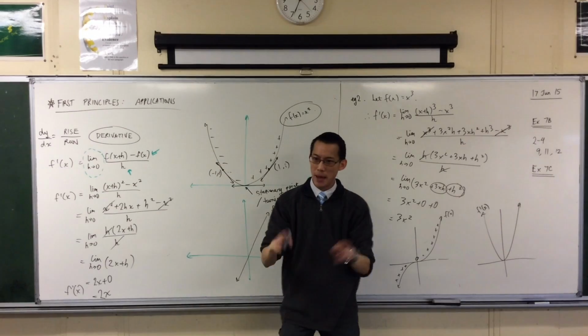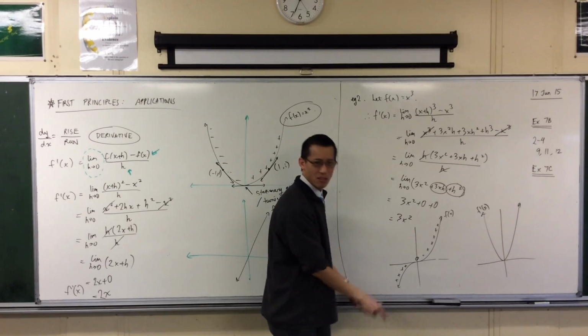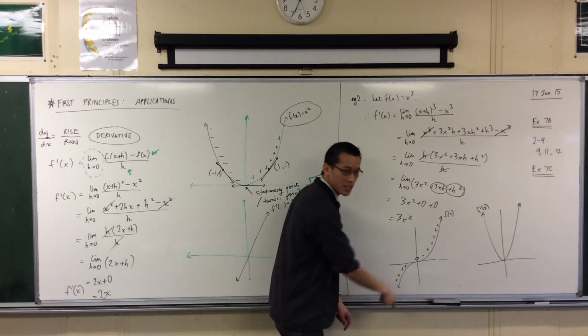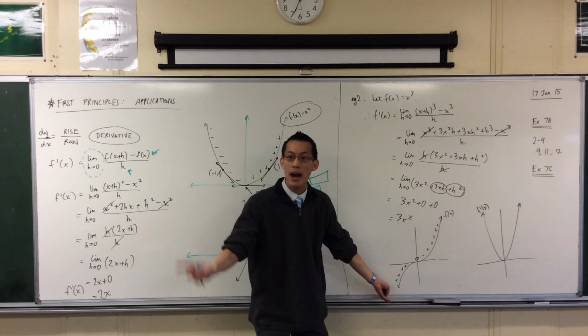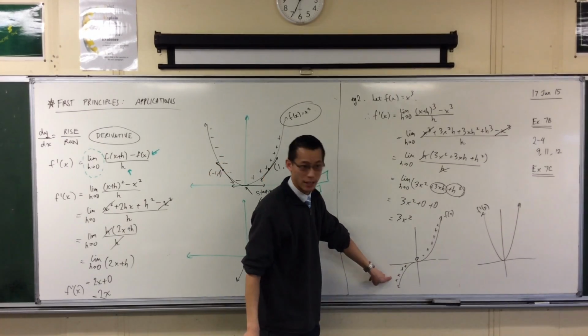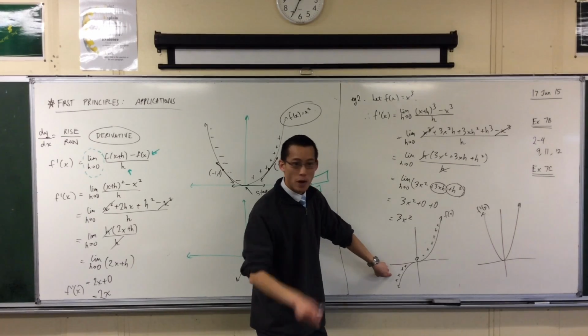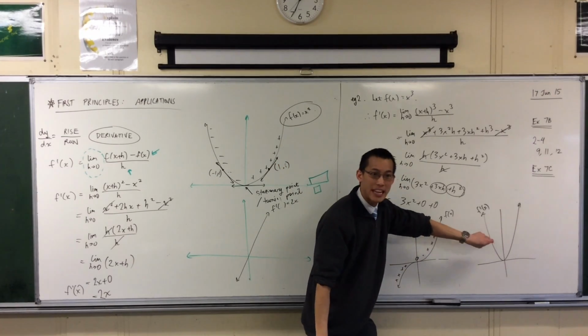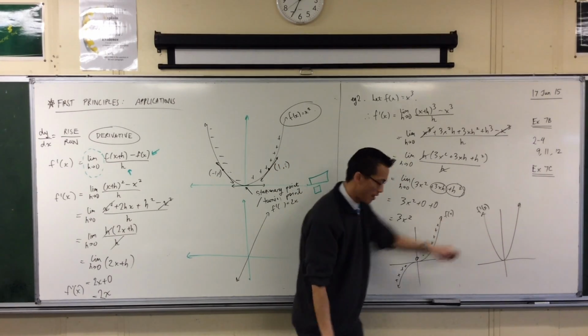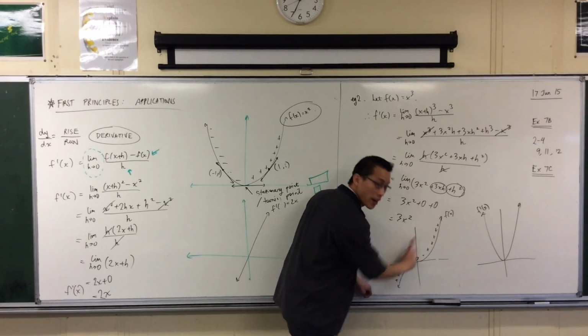People get confused because they look at this and say, that's not positive, it's negative, it's below the axis. But we're thinking of gradient. That's what my plus signs are. The gradient is decreasing, but it's positive. It's an increasing function. It's going up.